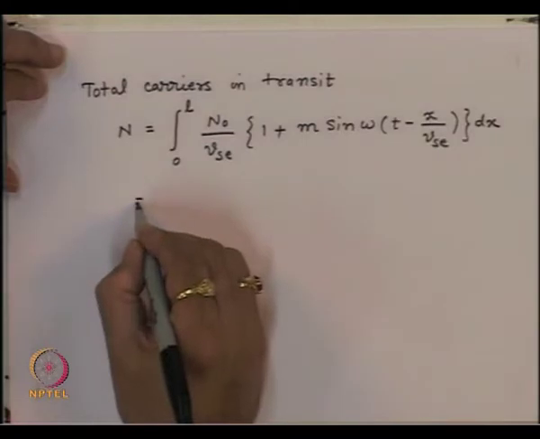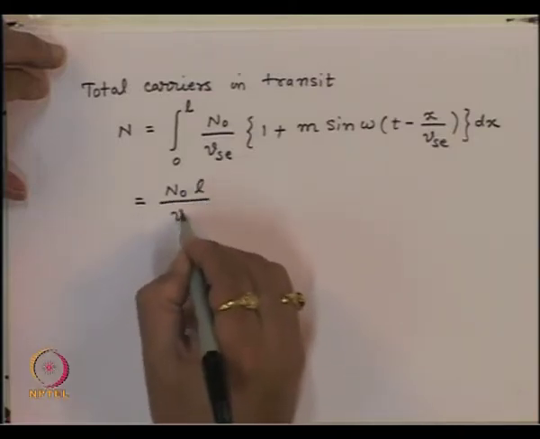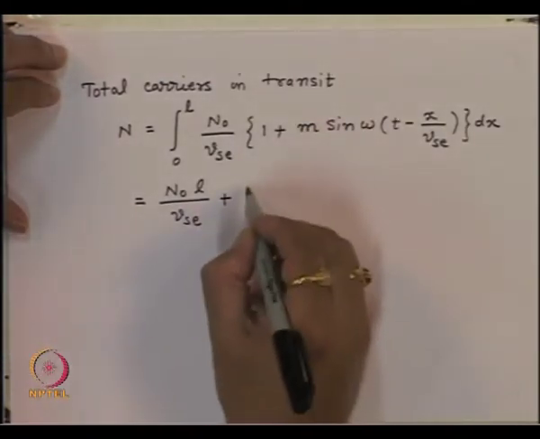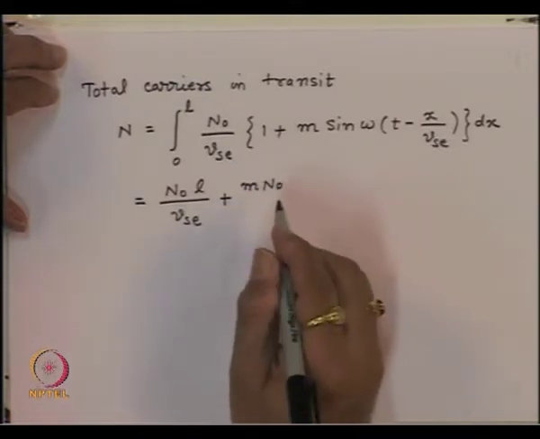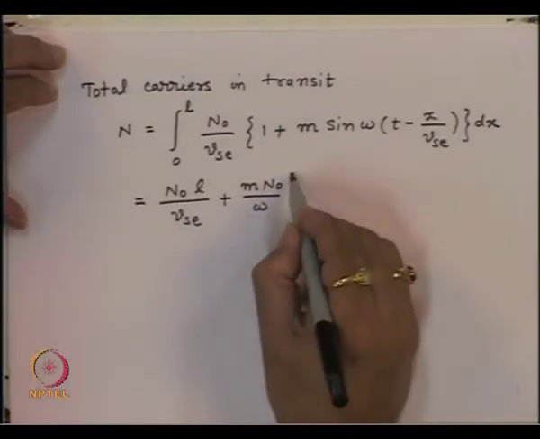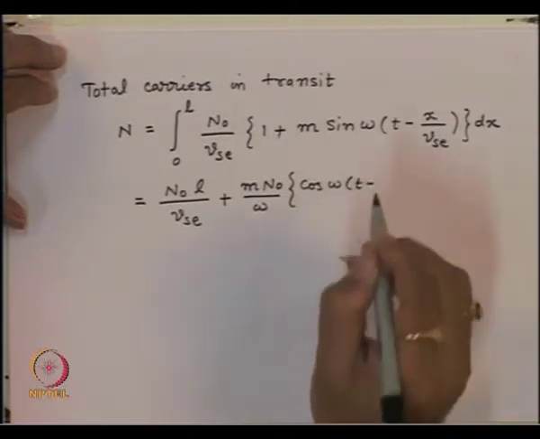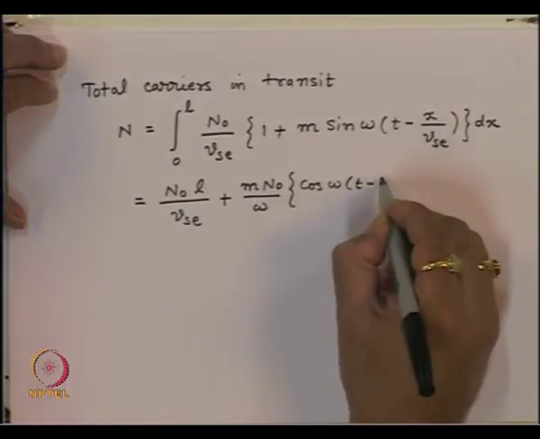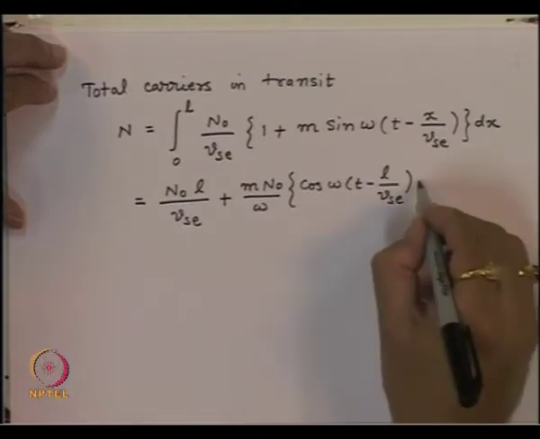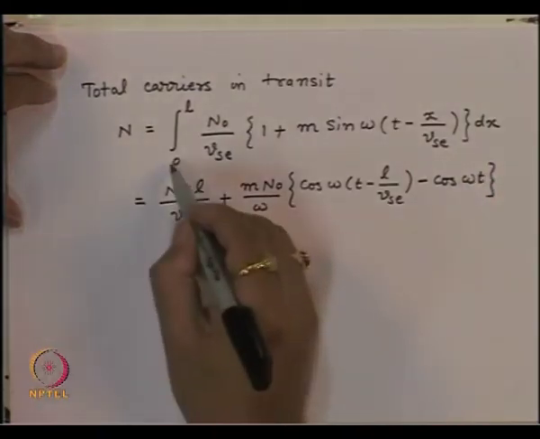For solving the integral, we get essentially n0 L upon VSE plus the integral corresponding to the second term, which will be m n0 upon omega, cosine of omega t minus L upon VSE minus cos of omega t. There are two limits which we have substituted.